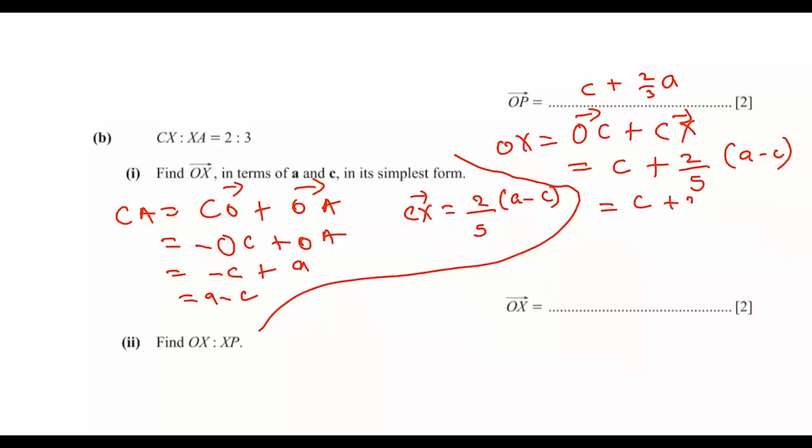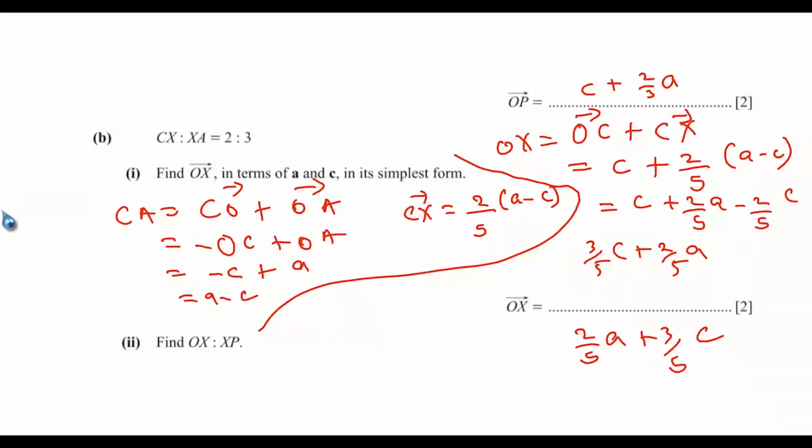We have plus 2 over 5 A minus 2 over 5 C. So C minus 2 over 5 C will be 3 over 5 C plus 2 over 5 A. That will be the answer, and you can write it as 2 over 5 A plus 3 over 5 C.